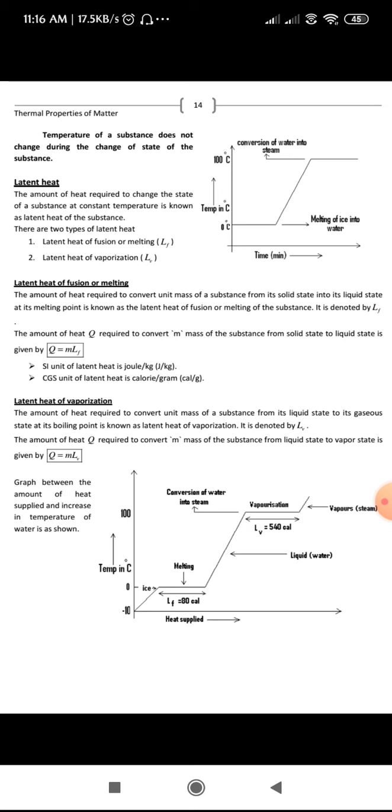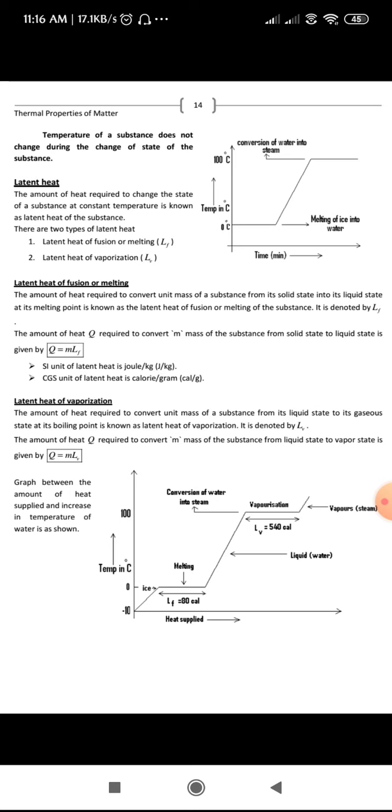So let us see how we are going to express that latent heat of fusion in terms of an equation. The amount of heat Q required to convert mass m of a substance from solid to liquid state is given by Q is equal to m into L subscript F, where Q denotes the amount of heat, m is the mass of the substance, and L subscript F is the latent heat of fusion.